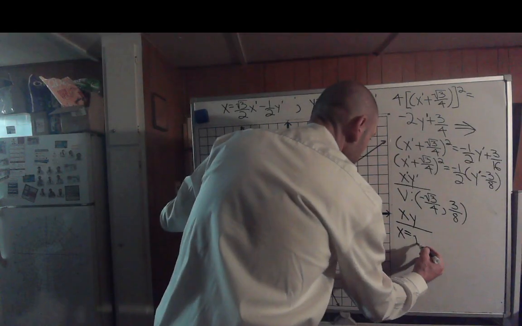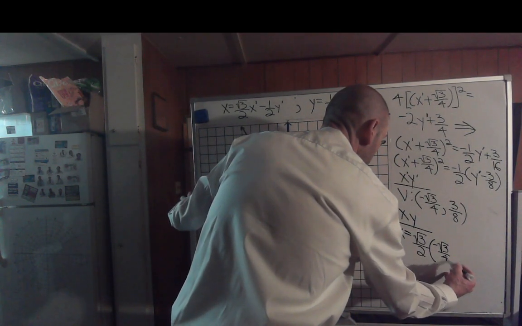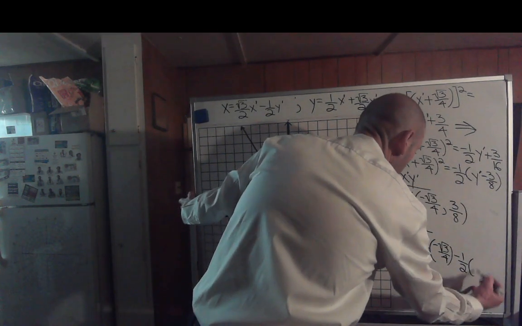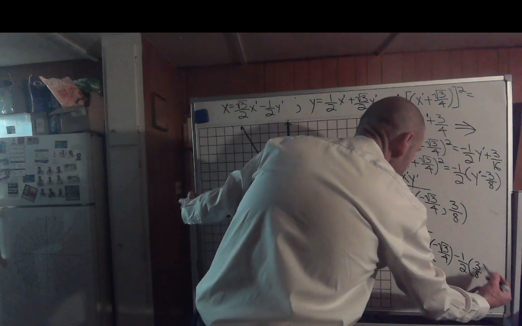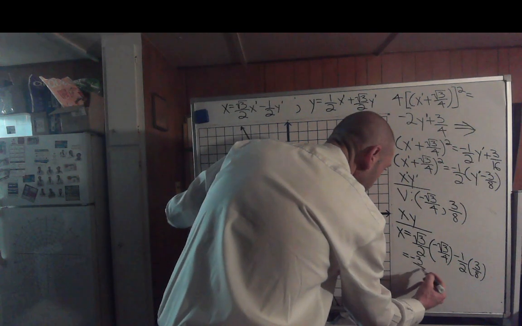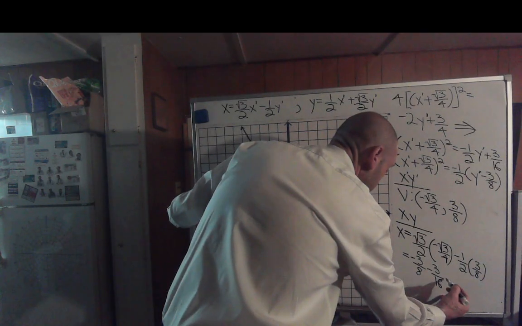So x would equal, of course, square root of 3 over 2 times your x coordinate of negative square root of 3 over 4 minus 1/2 times your y coordinate of 3/8, which would end up giving you negative 3 over 8 minus 3 over 16.